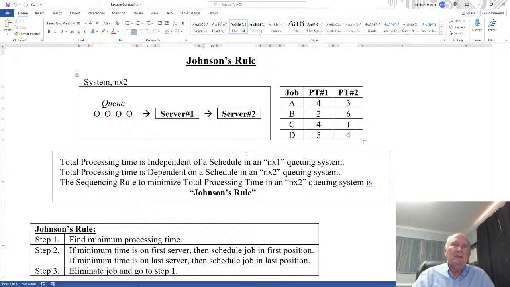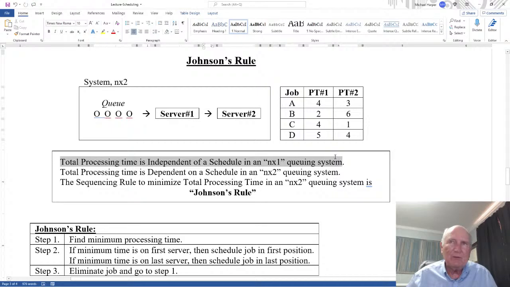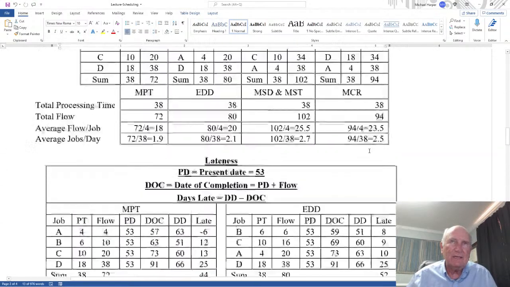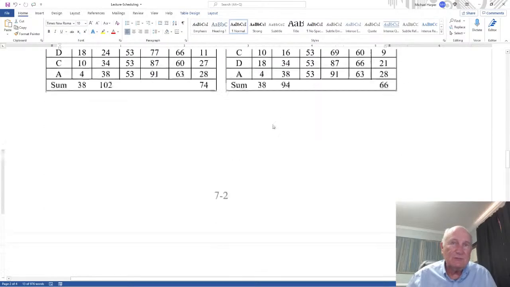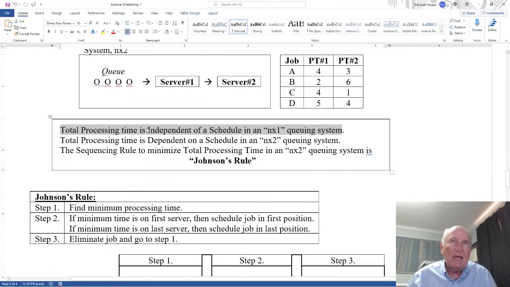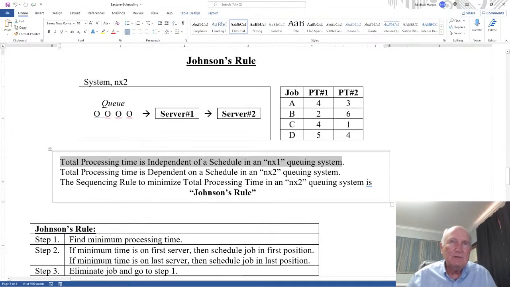Okay. So remember before, in an n/1 queuing system, the total processing time is independent of the schedule. In other words, like I said up here, the processing time is always the same regardless of the schedule, so it's independent. However, for an n/2 queuing system, the total processing time is dependent on the schedule.